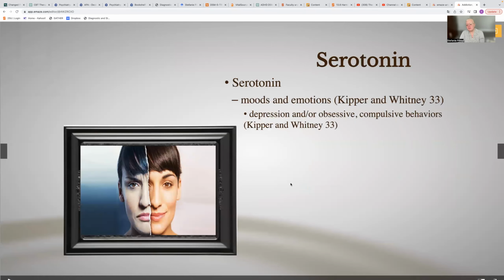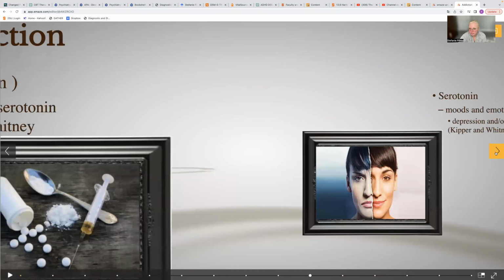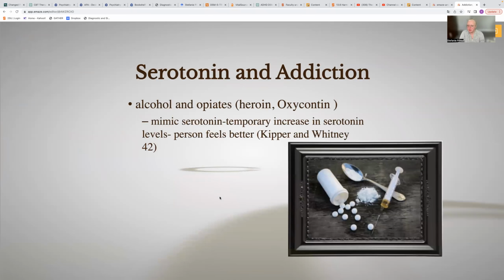So serotonin is involved in moods and emotions. It's most commonly known for being related to depression, anxiety, obsessive compulsive behaviors. And those individuals who have lower levels of serotonin functioning, lower neurotransmitter activation for serotonin, tend to be very susceptible to developing addictions to alcohol and opiates like heroin, OxyContin, because these mimic serotonin, which leads to a temporary increase in serotonin levels, the mock serotonin levels.